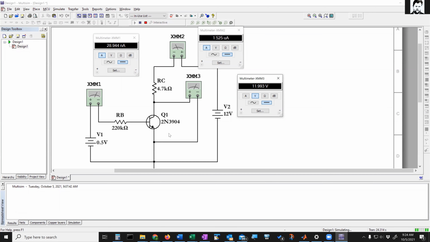So the voltage here is still roughly 12, right? To at least 2 decimal points, it's still pretty close to 12. So we haven't really turned the transistor on yet, and we're still seeing roughly 0 base current, 0 collector current, and the full supply voltage across the transistor. So that's what you would expect at a base voltage of 0.5.